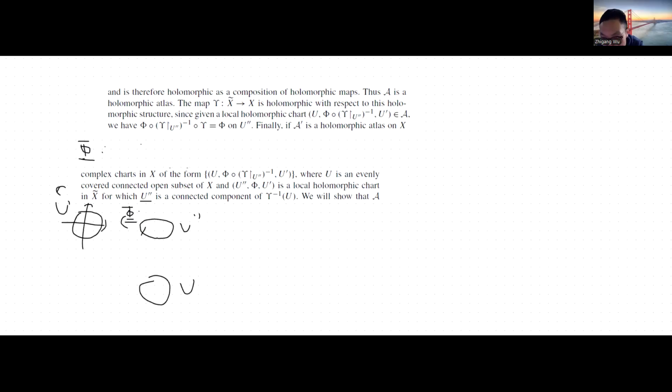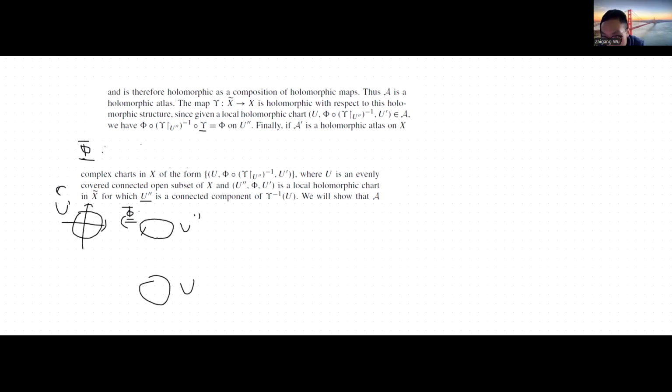So this is the map phi. It is equal to phi on U double prime. We first start with gamma.